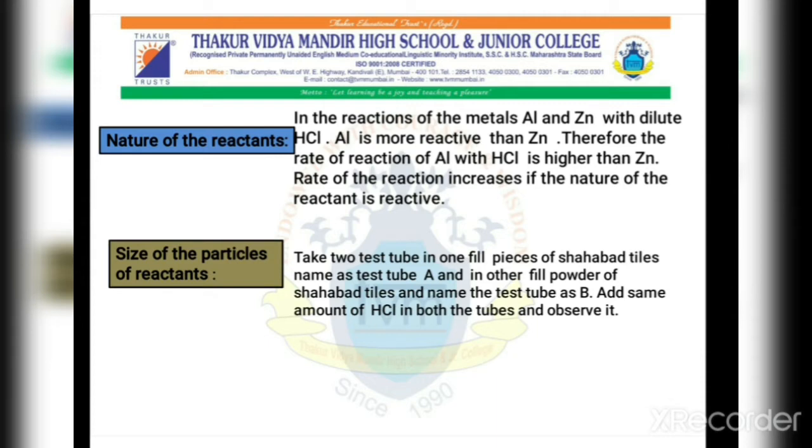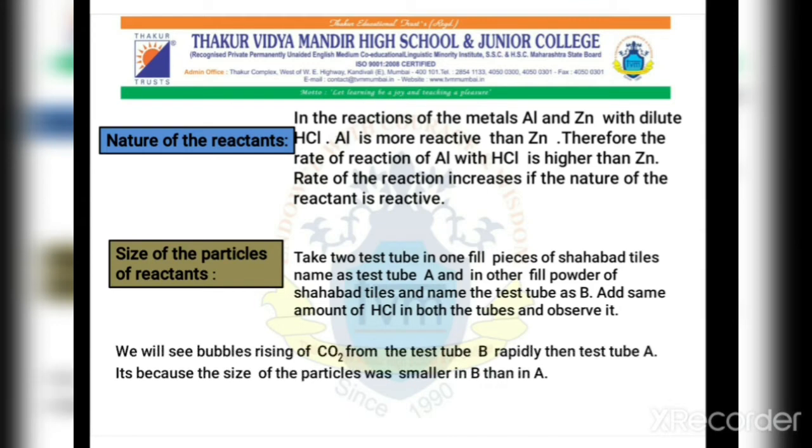Now here, since test tube B contains powdered form of Shahabad tiles, the speed of the reaction will be faster. So that's what is observed here.